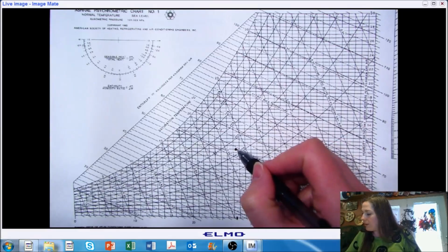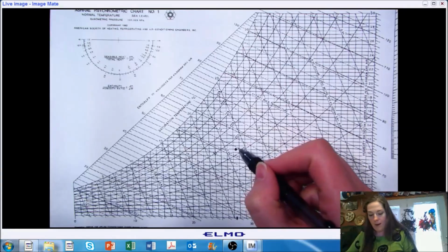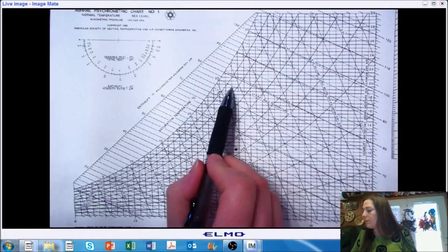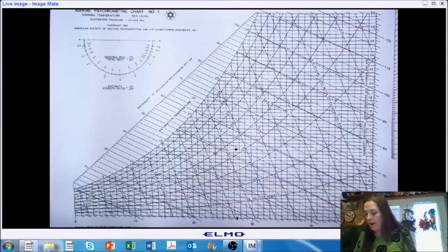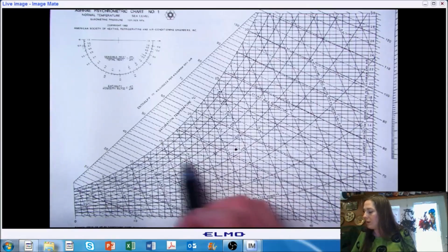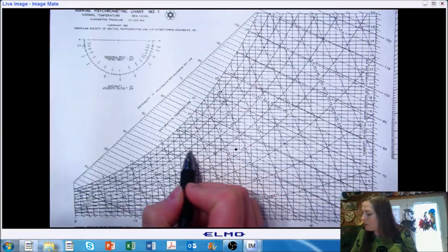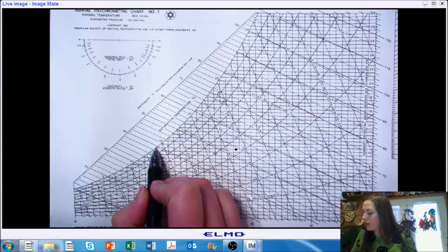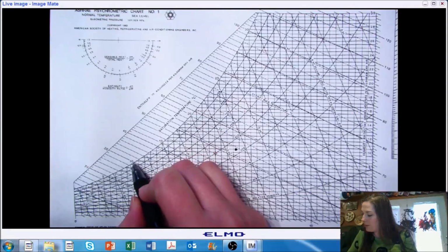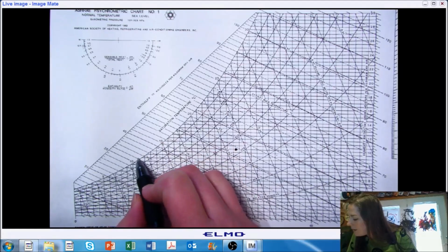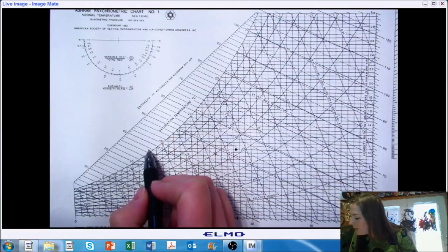And then we would also like to take a look at our wet bulb temperature and our dew point temperature. Recall that our wet bulb temperature lines are the slanted lines, and our dew point temperature lines are the horizontal lines. First let's go all the way over straight across here, and when we hit the saturation line, this is going to be our dew point temperature. These are our labels: 10, 11, 12, 13, 14, 15. We're not quite spaced evenly with each of the individual lines.